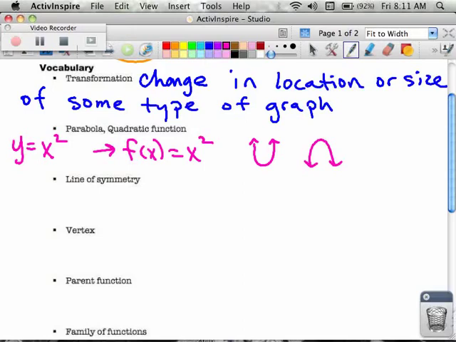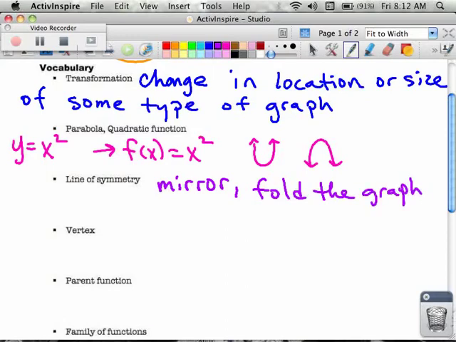A line of symmetry is what I like to call a mirror. It's where we can fold the graph in half. So for example, if I'm looking at that parabola and I want to talk about the line of symmetry, I would tell you that the line of symmetry was right here.